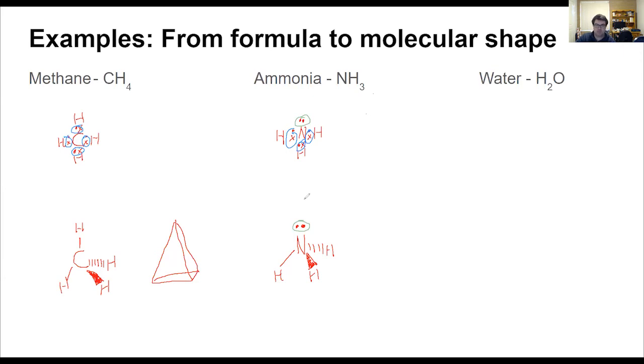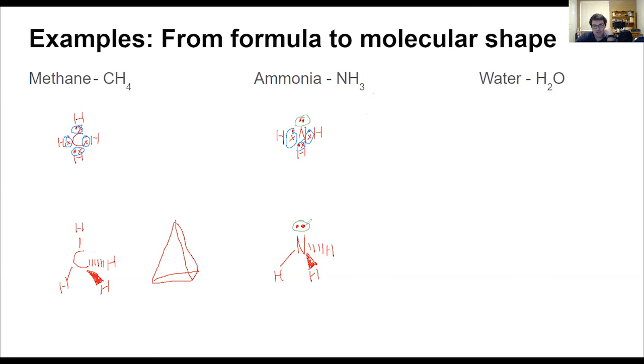And what's actually going on here is, if we were to think about each of our pairs of electrons, all we've done is we've taken away our top hydrogen. That's all we've done.